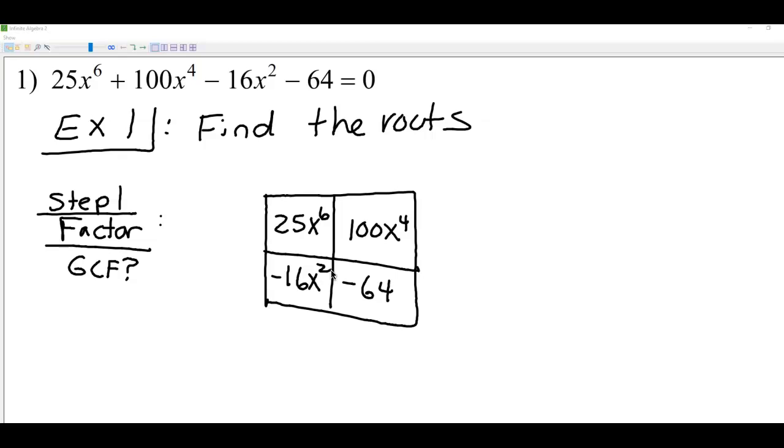And then what we do is we take out what they have in common in each row and each column. So for instance, in this row here, what's the biggest number I could take out as a coefficient? 25, yeah. And how many x's? So I could take out a 25x to the 4th. In this row, the biggest thing I could take out is a 16, but you see how they're both negative? So I'm going to take out a negative 16.